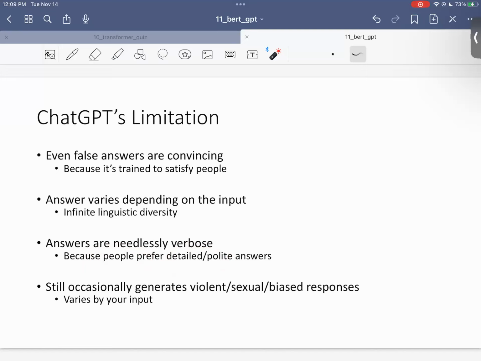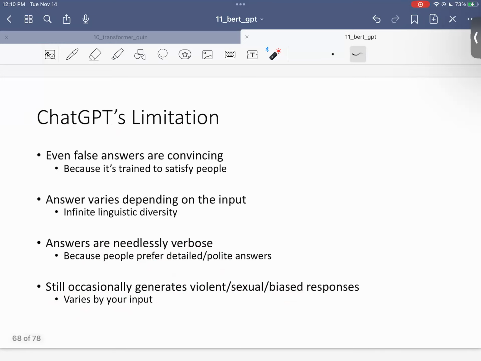So maybe that's why ChatGPT is always chatty and answers are generally long. And it's not perfect, it still occasionally generates violent, sexual, or biased responses. And you can convince ChatGPT to give you violent answers. There are a lot of different tricks you can use on ChatGPT.